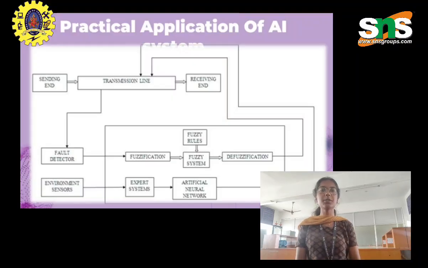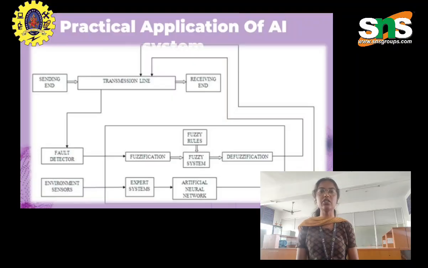Expert system. The expert system function is an AI program that emulates the decision making ability of a human expert. In this context, it would contain a knowledge base of rules and facts about the transmission system's operations and fault diagnosis.